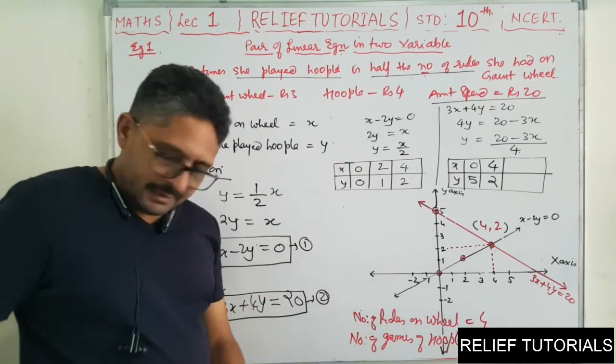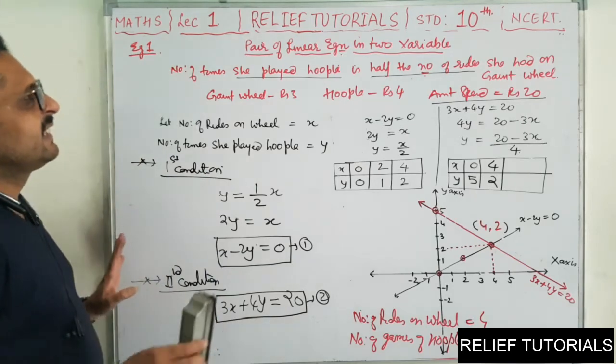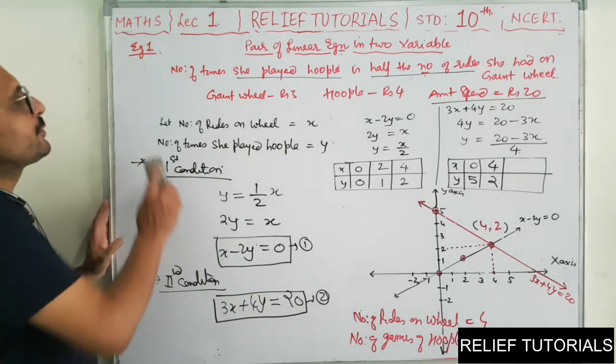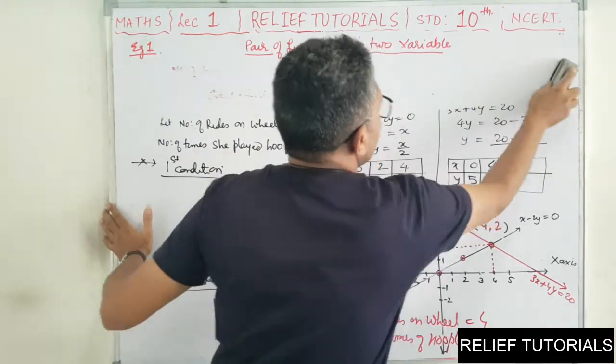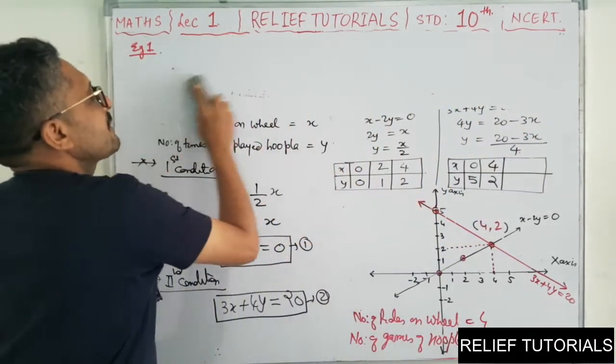Okay. Now, so this is the case I am going to repeat. This is example 1. I am going to write the name of our chapter also.